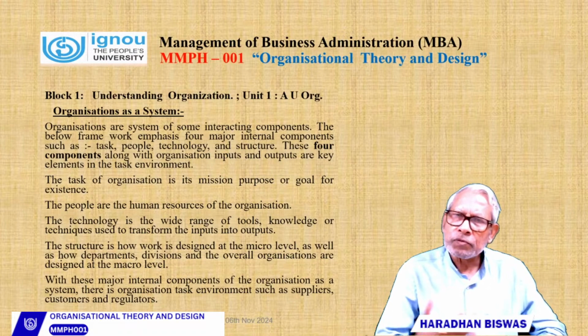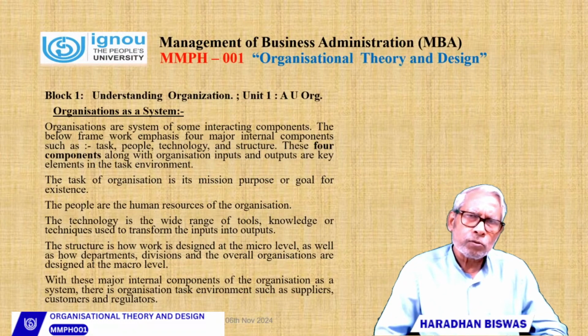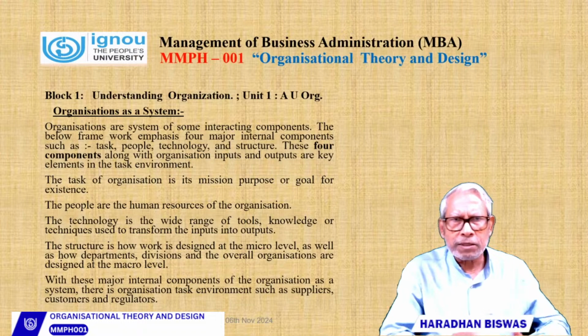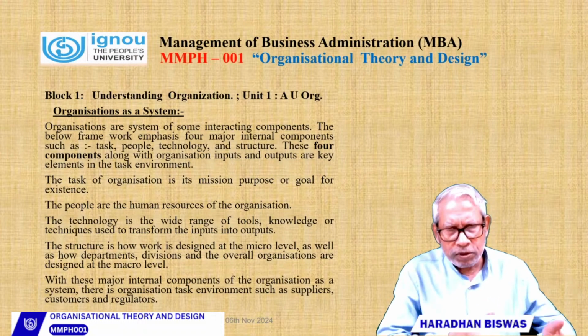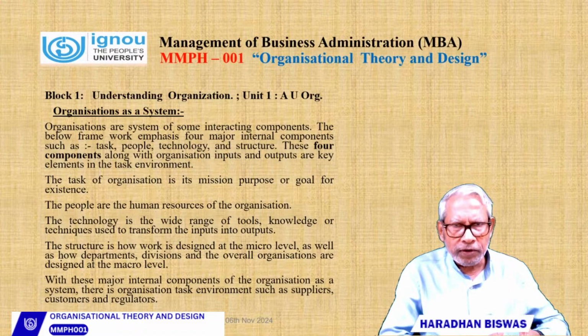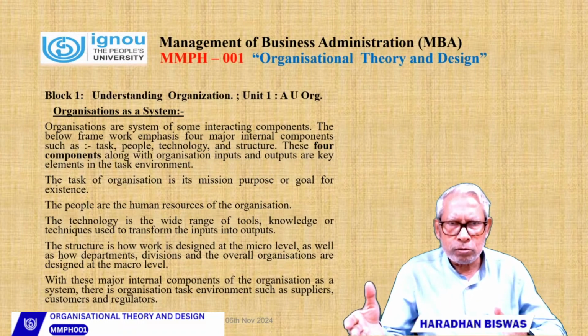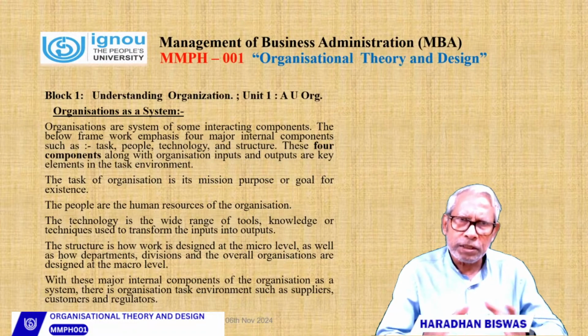To complete the job and reach the objectives, you should have some process, and basic inputs are required. Resources are required, and all the action plans and activities are defined, tasks are already defined, and they have to do these jobs accordingly, as per the system. Within the system, they have to do it.